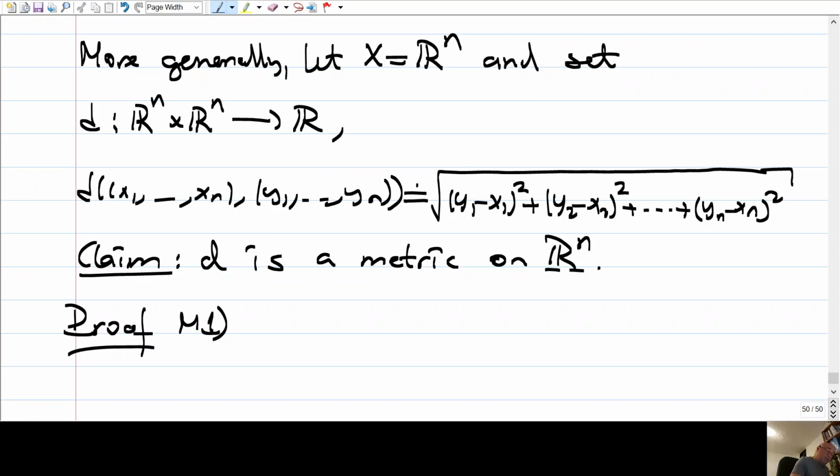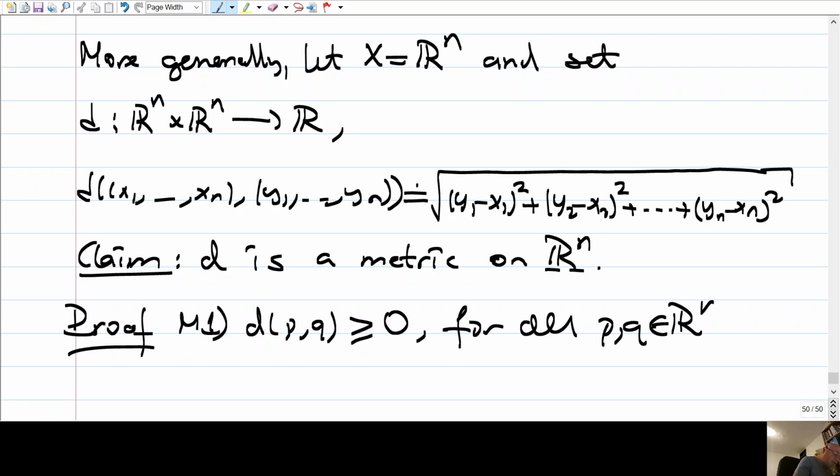Well, you see, this expression, okay, let's say P is one of them, Q is the other one. This is the square root of a non-negative expression. This is never negative. It is at least 0. And the square root of a non-negative number is never negative. So this is always non-negative for all P, Q in Rn.